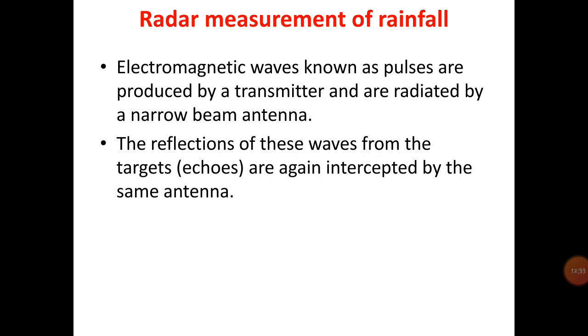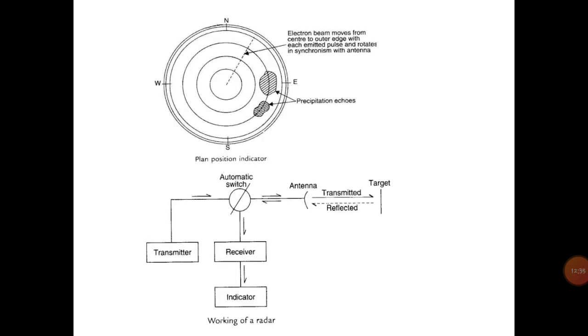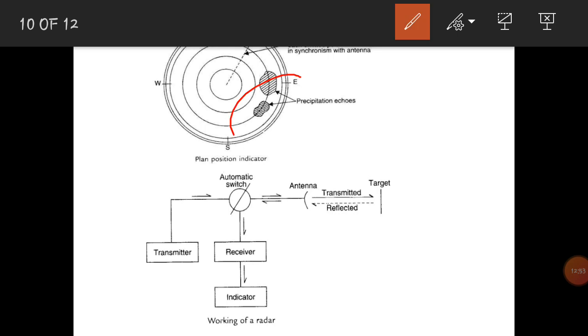The screen of the indicator is illuminated dimly where there is no target or where there is rainfall, and a bright spot occurs where there is a target. A bright patch, as you can see here, occurs where there is an extended object such as a rain shower.